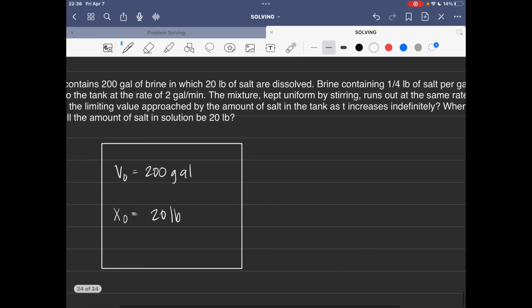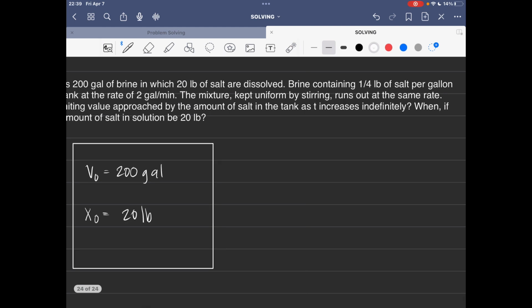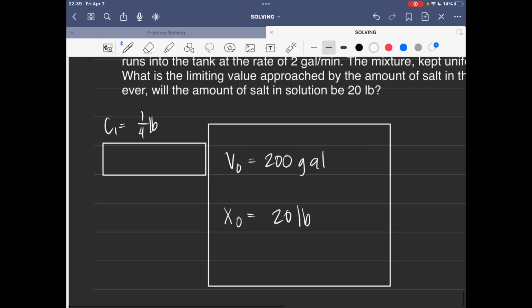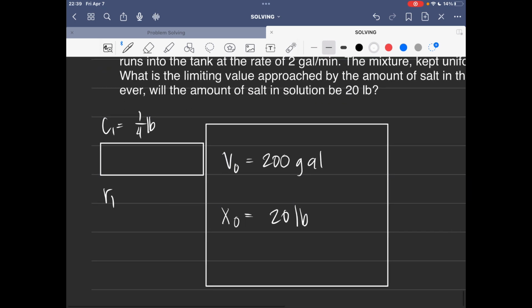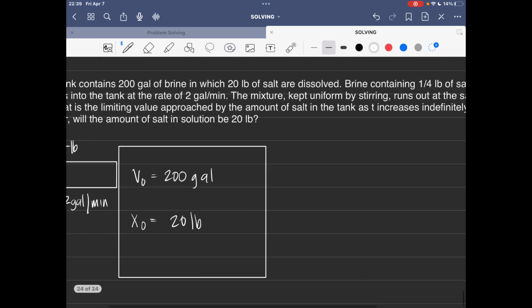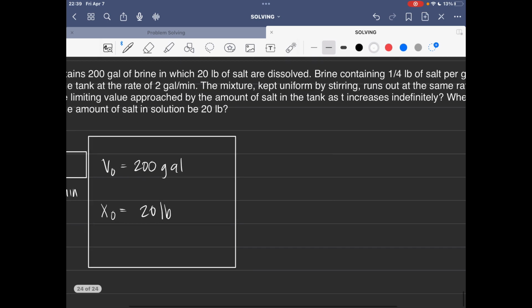And brine containing 1/4 pound of salt per gallon runs into the tank. So that is our concentration C sub I, which is 1/4 pound. It runs into the tank at the rate, which is our R sub I, of 2 gallons per minute. Then the mixture, kept uniform by stirring, runs out at the same rate.